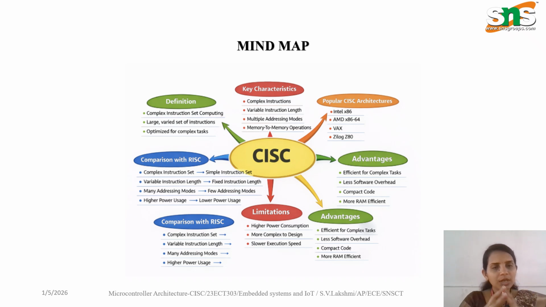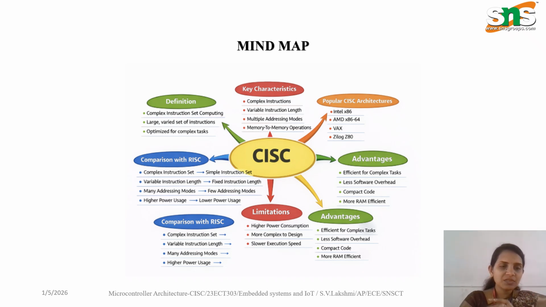So this is the overall summary of CISC architecture. It is complex instruction set computing which handles large and variable length instructions, and it has multiple addressing modes and memory to memory operation. Advantages: it is efficient, compact, needs less software overhead, and is more RAM efficient.